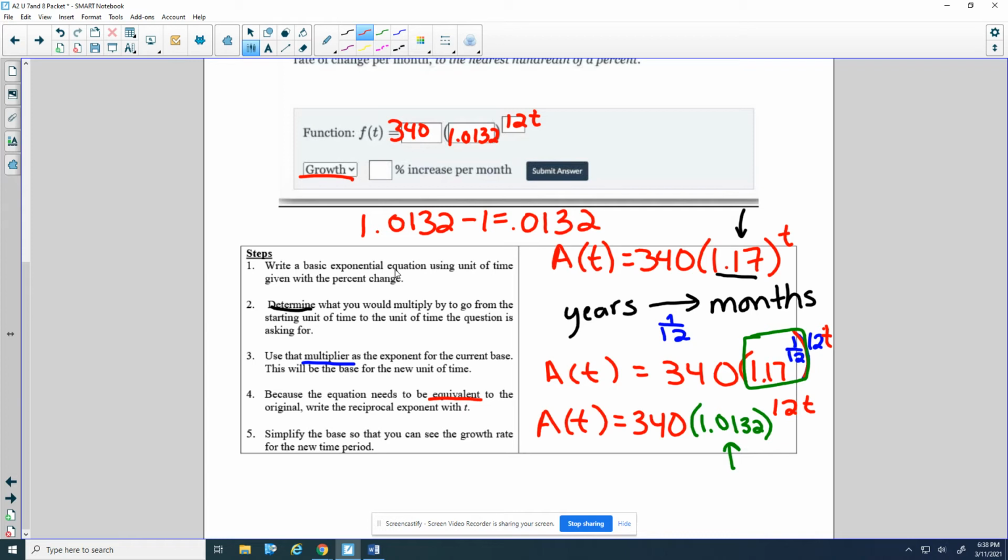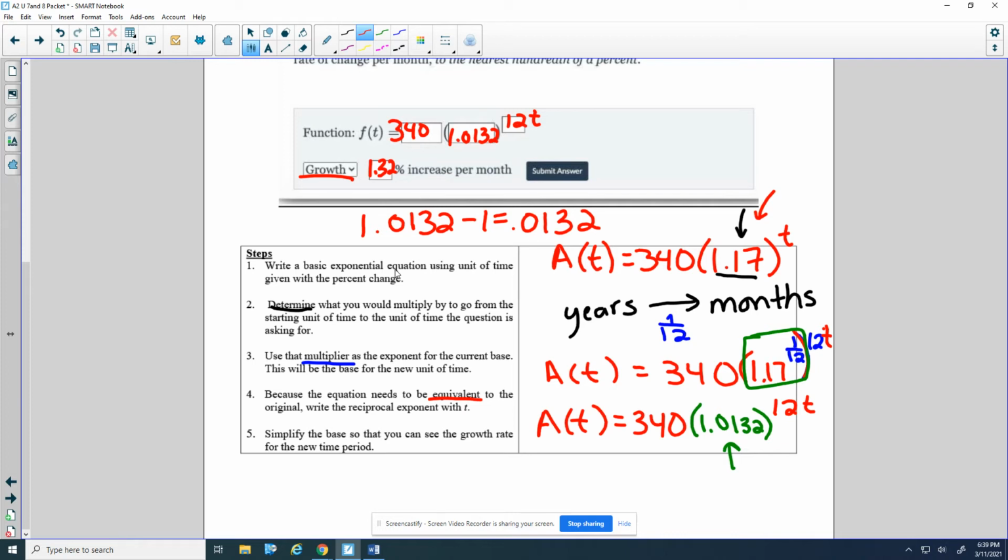We want 100th of a percent, which is why we set up with the 4 decimal places. If I move this over 2, we're increasing by 1.32% per month. Now, if we had done 17 divided by 12, it would be close to 1.32, but it wouldn't be exact. That's because percents don't work by multiplying, they work with exponents. That's why we have to do the problem in this other way.